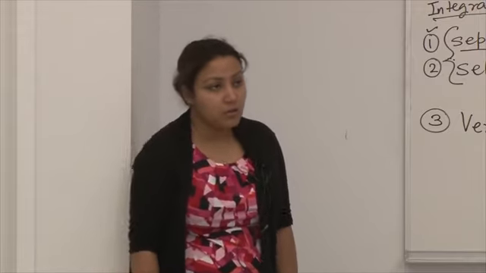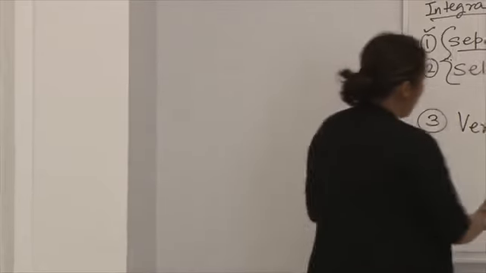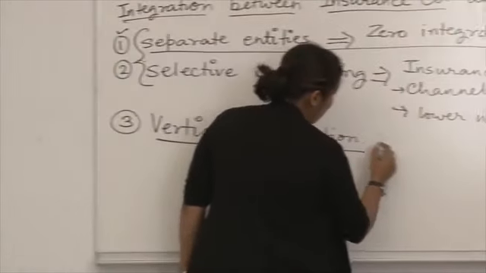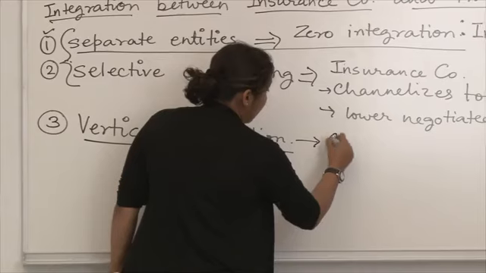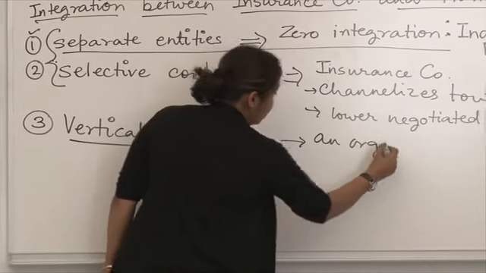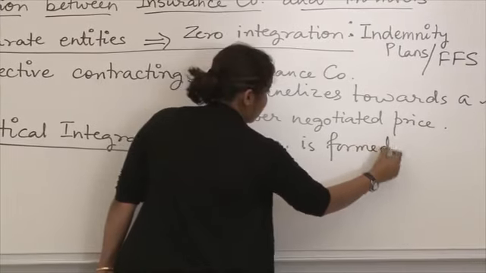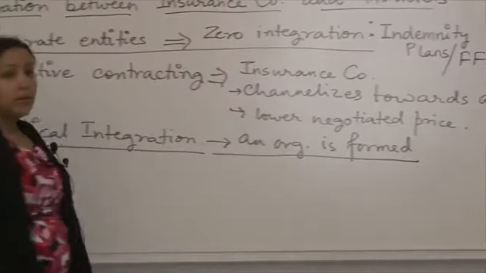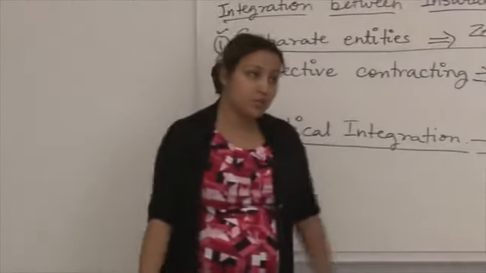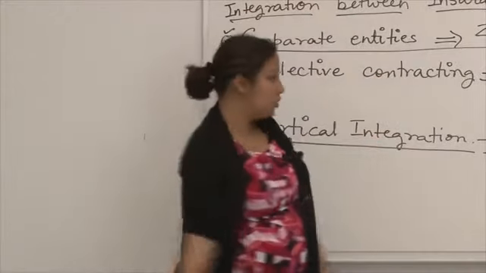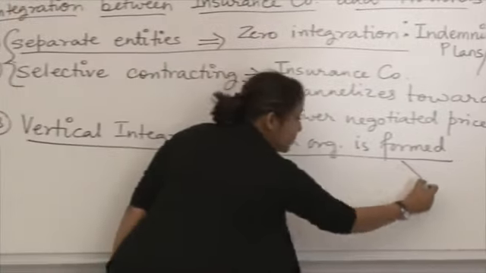Okay? So in vertical integration what happens is there is a separate organization, usually an organization is formed, and within this same organization, you have two parts.